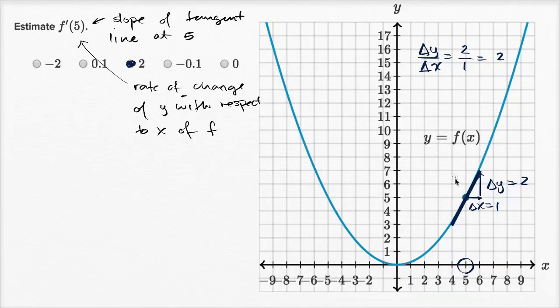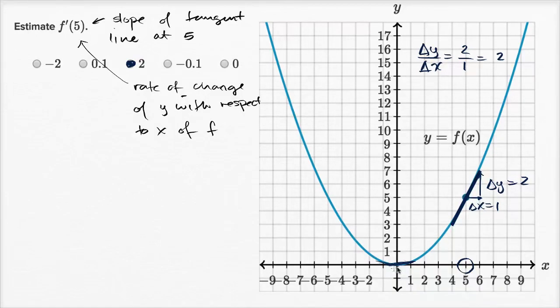So if our curve looks something like this, we would have a slope of negative 2. A positive 0.1 would be very flat. Down here we might have a slope closer to 0.1. Negative 0.1 might be closer on this side, where it's downward sloping, but very close to flat.